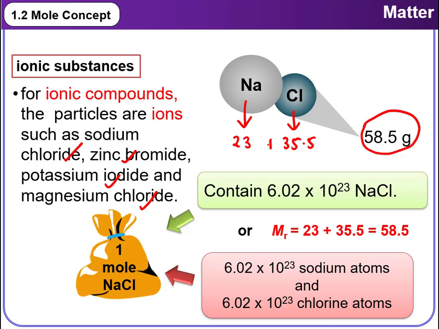So you add these 2, and you have 58.5 gram, the molar mass of sodium chloride, which contains 6.02 times 10 to the power of 23 of NaCl. Which means we have 6.02 times 10 to the power of 23 of sodium atoms with also 6.02 times 10 to the power of 23 of chlorine atoms, made up of 1 mole.